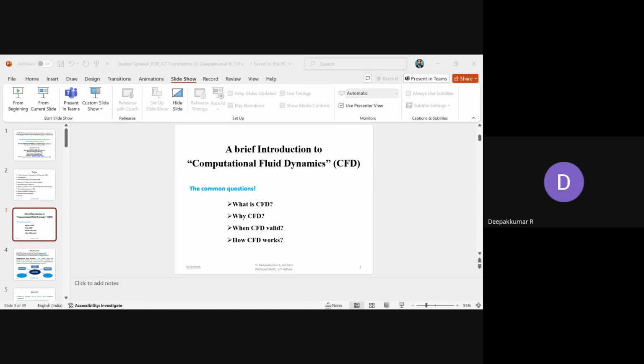CFD can also simulate physical fluid phenomena that are difficult for experiments. For example, in an internal combustion engine, the combustion physics inside is very difficult to see in experiments. It may not be visible or transparent to the users. For such detailed analysis, computational fluid dynamics tools are very useful.